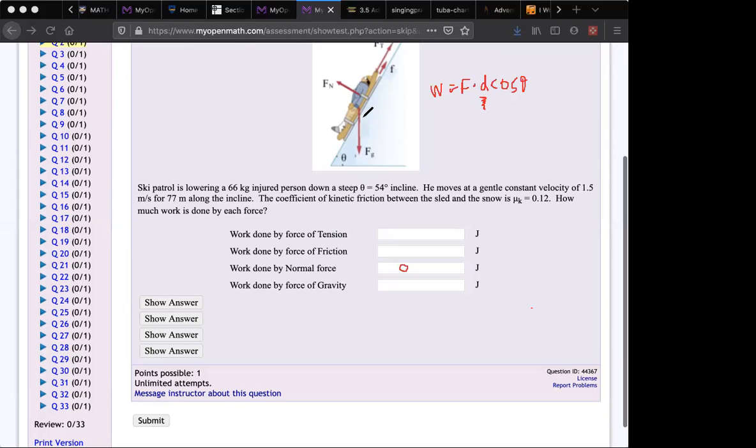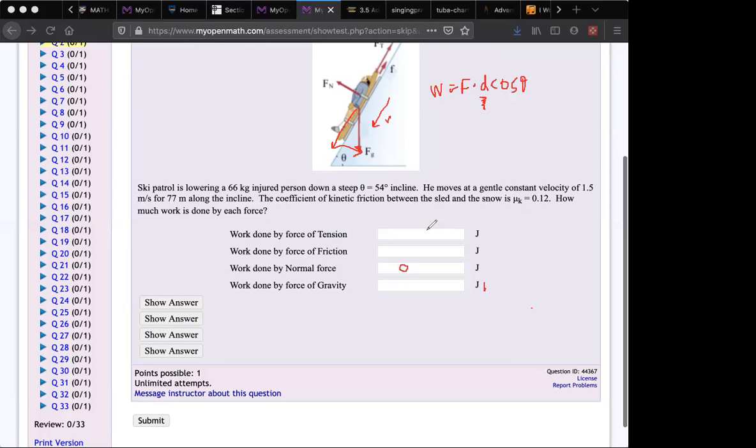And let's see, this guy is being lowered down, so we know that he's moving this way. We'll give him a velocity in this direction. The force of gravity has 2 components. It has one this way and one this way. That means the force of gravity has some force in the direction of the movement, right there. So the work done by the force of gravity is going to be the force of gravity in the direction that he's moving, which is the weight.